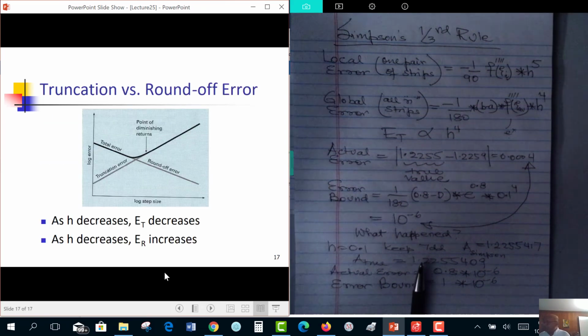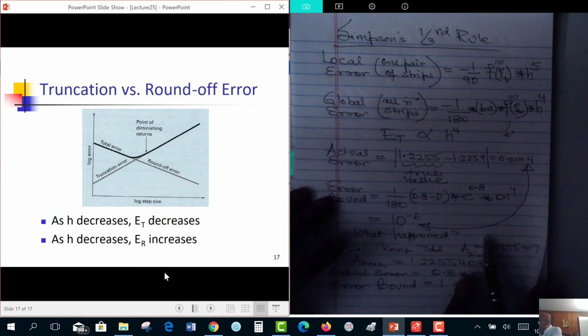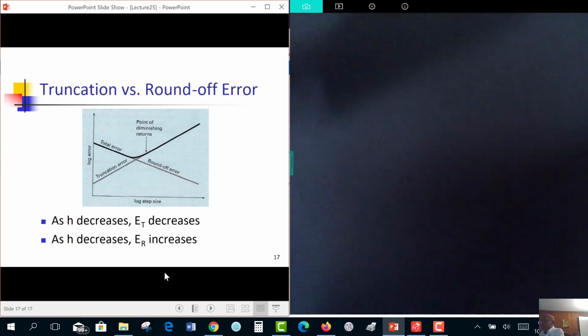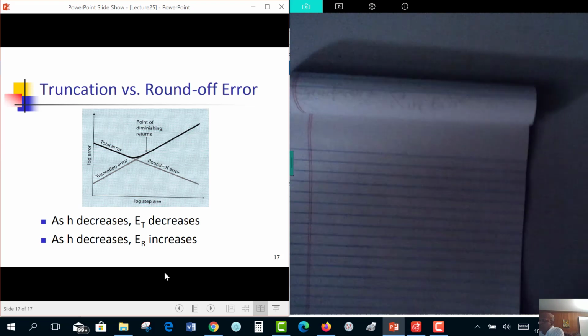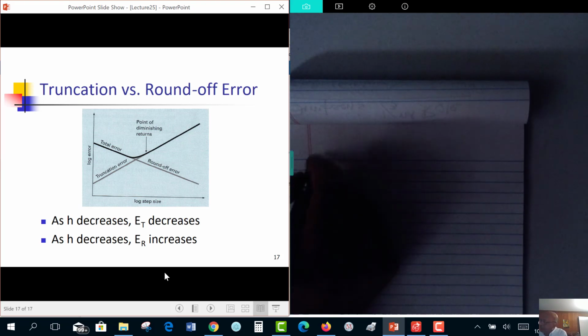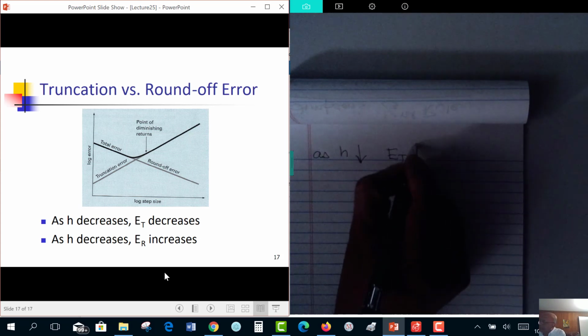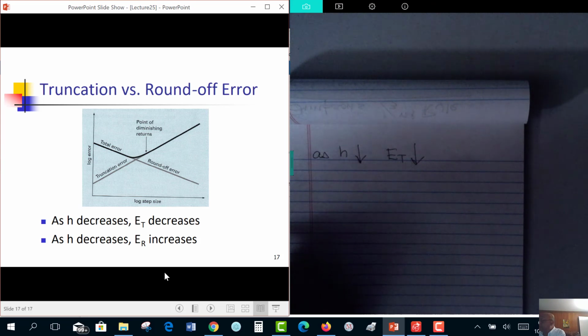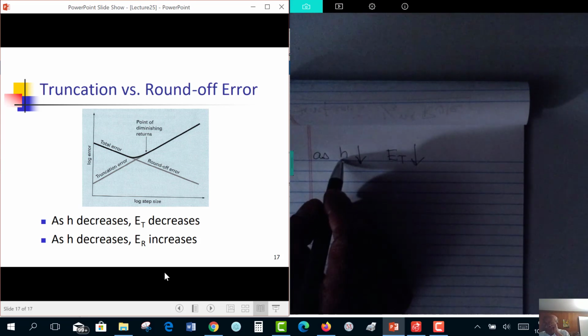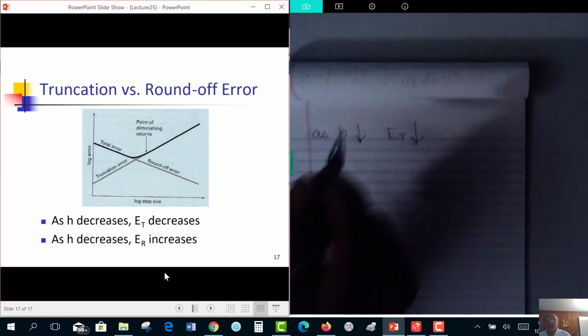Okay. So you can see our truncation error goes down if we decrease strip size. Truncation error goes down. Right? But when we decrease strip size, we have more strips. That means we do many more calculations.